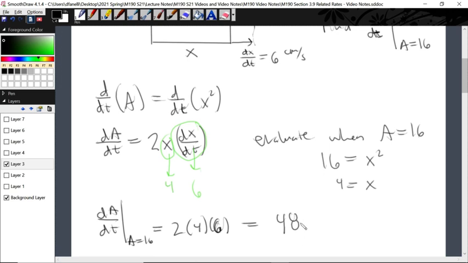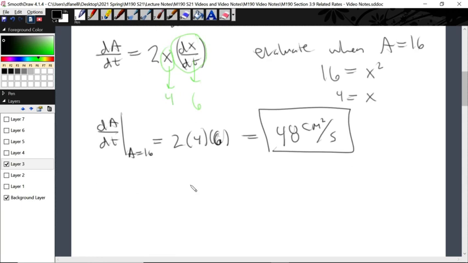48. What are the units going to have to be? Well, we're evaluating dA over dt. If the distance was centimeters, then the area would be centimeters squared. And the units for time here were seconds. So let's write this out as a statement here. The area of the square is clearly increasing because the derivative is positive, and we can see it from the picture as well.